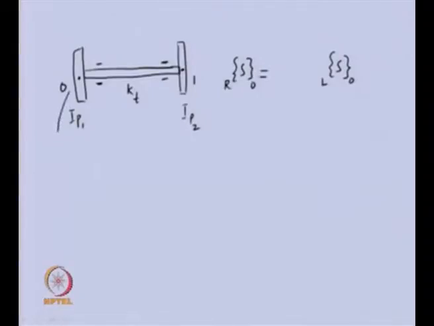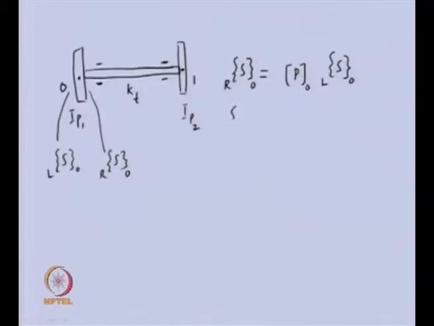The state vector here is left of disc 0 and here it will be right of disc 0, and in between there is a disc. So, we need to multiply this state vector with the point matrix. We know the form of the point matrix; we already obtained it earlier.